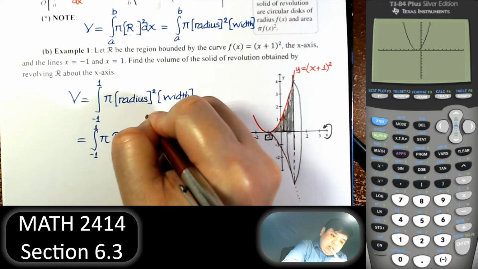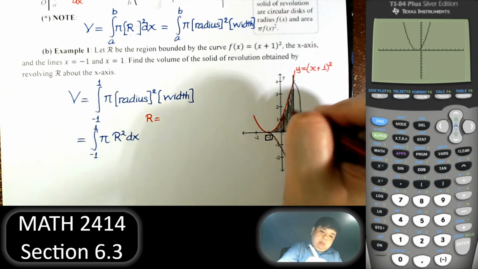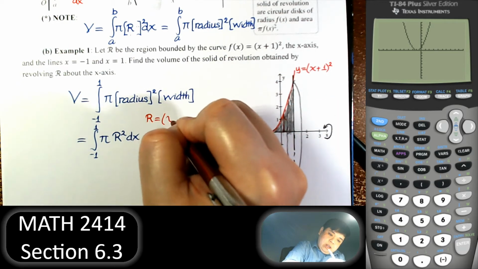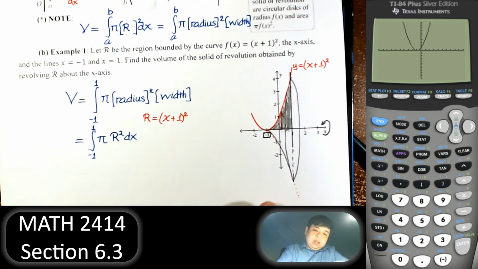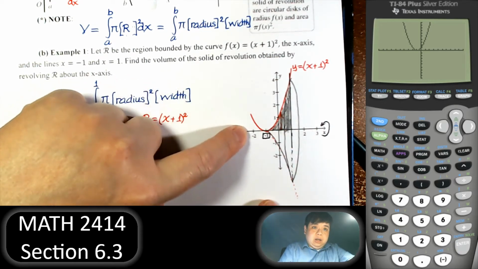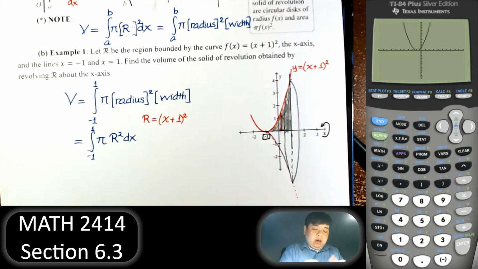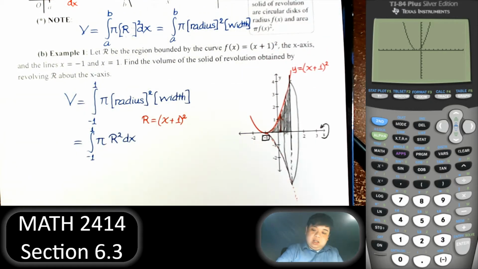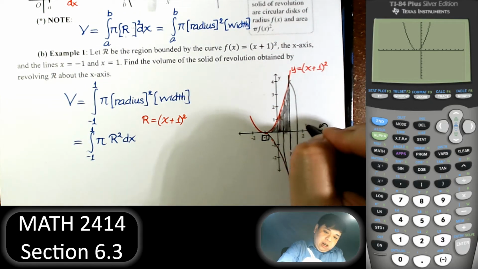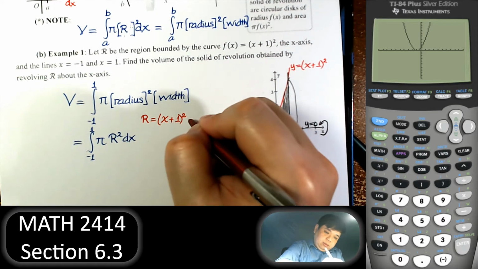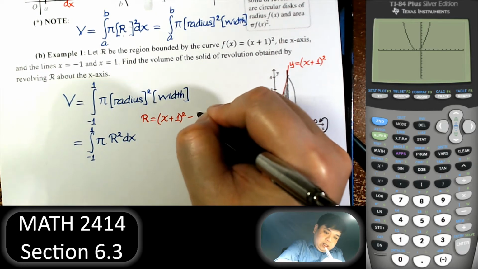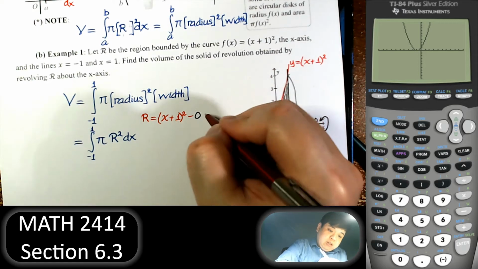In this case, the radius is equal to the upper function, which is x plus 1 squared, minus the axis of rotation, which is 0. The lower function is y equal to 0, the x-axis, so minus 0, just x plus 1 squared.